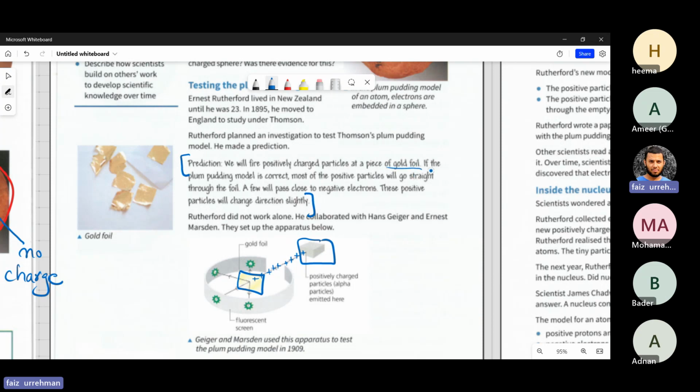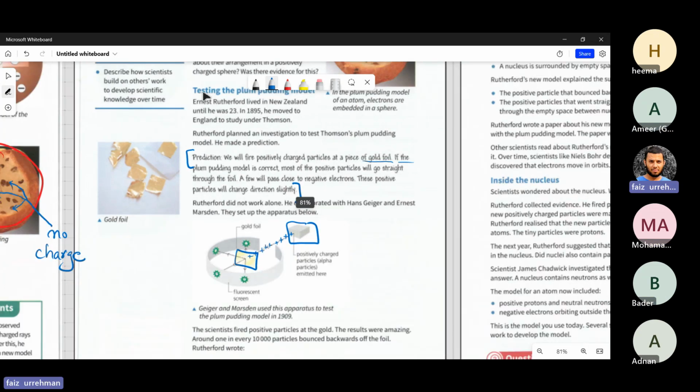Then what will happen? If the plum pudding model is correct, most of the positive particles will go straight through the foil. A few will pass close to negative electrons. Those positive particles will change direction slightly.